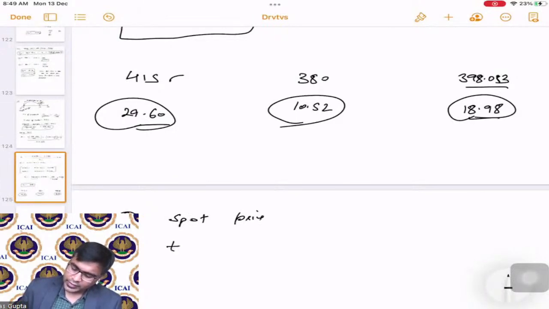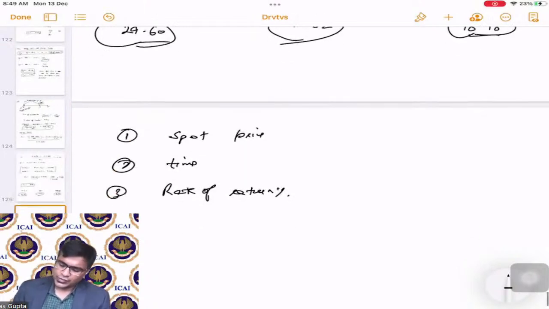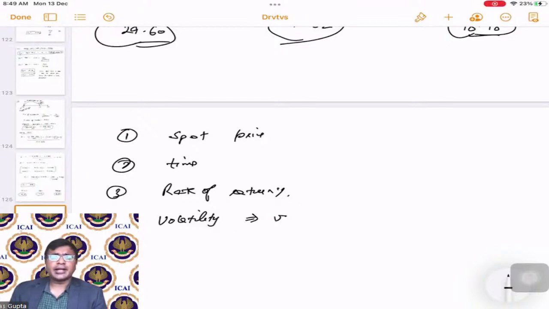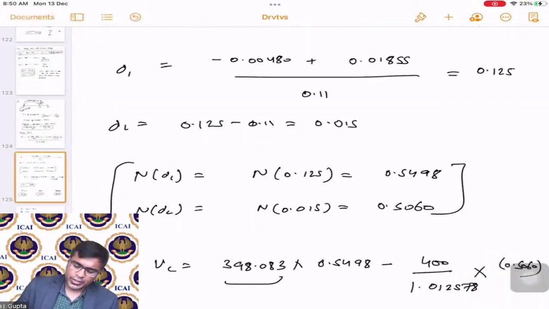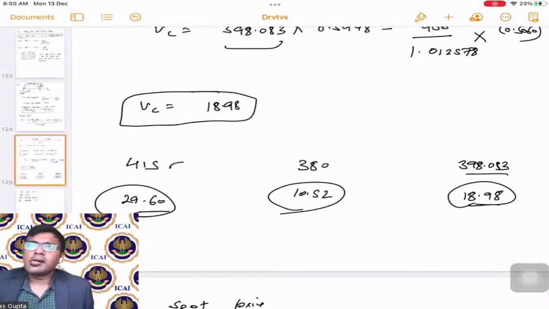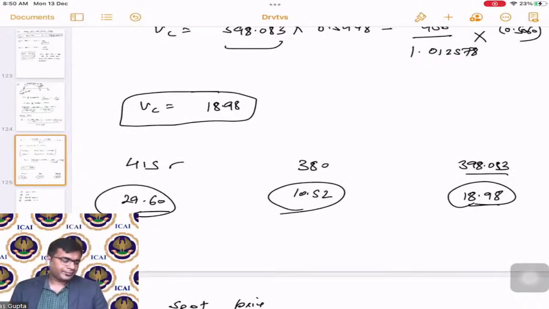Second is time. Third is rate of return, percentage. Fourth is volatility, which is equal to V. Correct? So these are the factors that actually change. If these change, the valuation will also change. Correct, students? So with this, we have completed the question number 23.